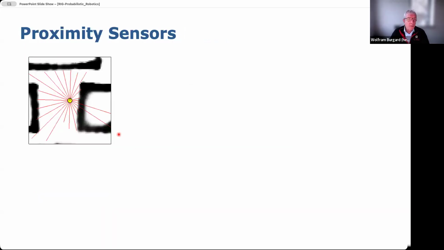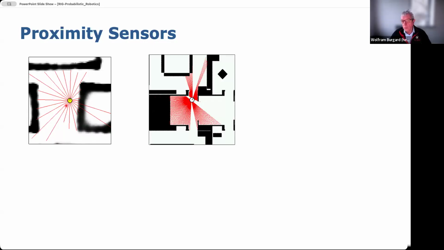So let's look a little bit at proximity sensors. Let's assume you want to do this in a valet parking application, or you want to have a logistics robot traveling on factory floors. What you are interested in is using ultrasound measurements or LiDAR measurements to estimate the pose of the vehicle.